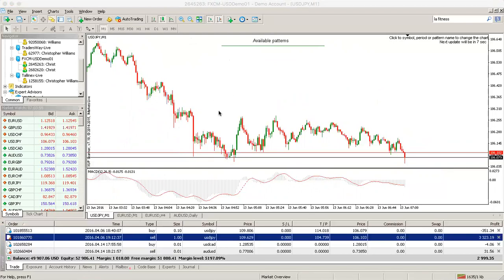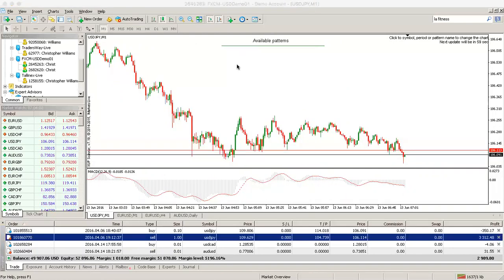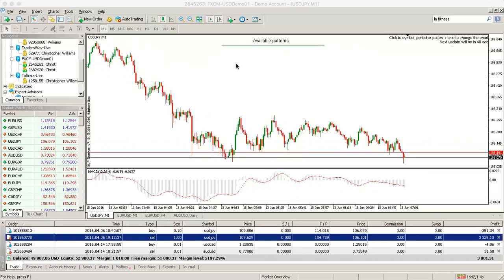But I want to make sure I have my stop loss in place also. I want to put my stop loss above my entry point, so I want to go up. My stop loss will be maybe right here.